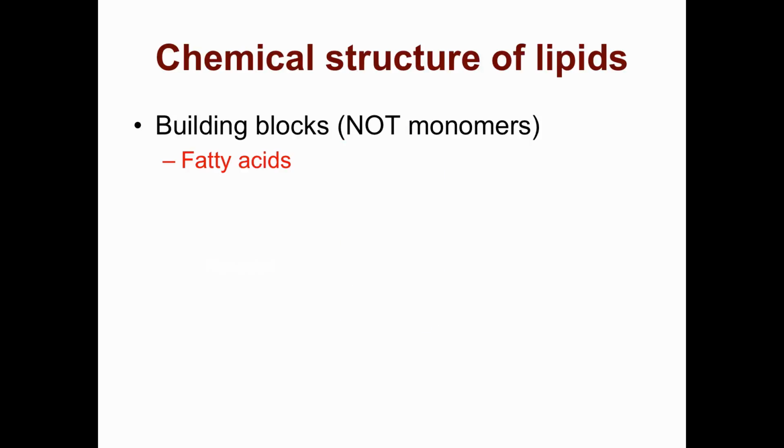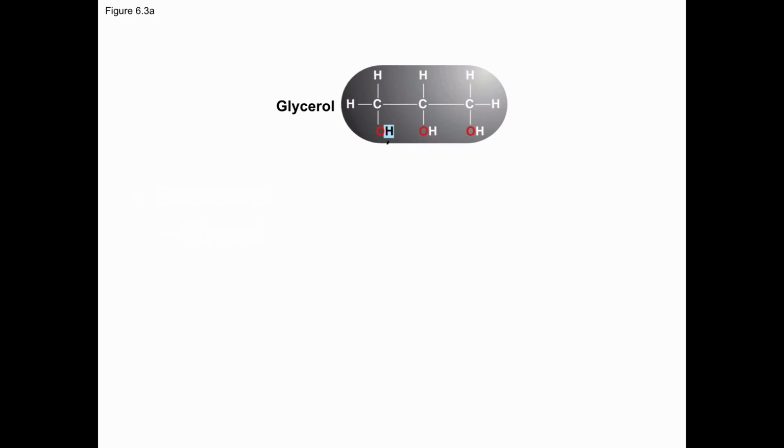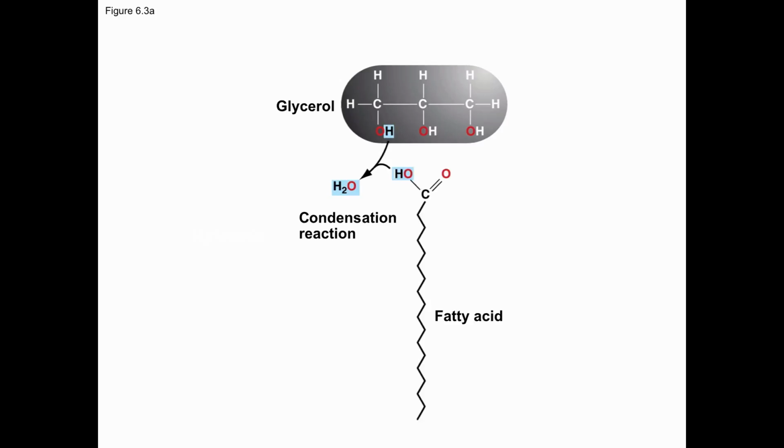To form lipids, the fatty acids join through the process of condensation reaction to a backbone molecule of glycerol. Here is glycerol, and the fatty acids join with each of those oxygen atoms on one end of the chain.